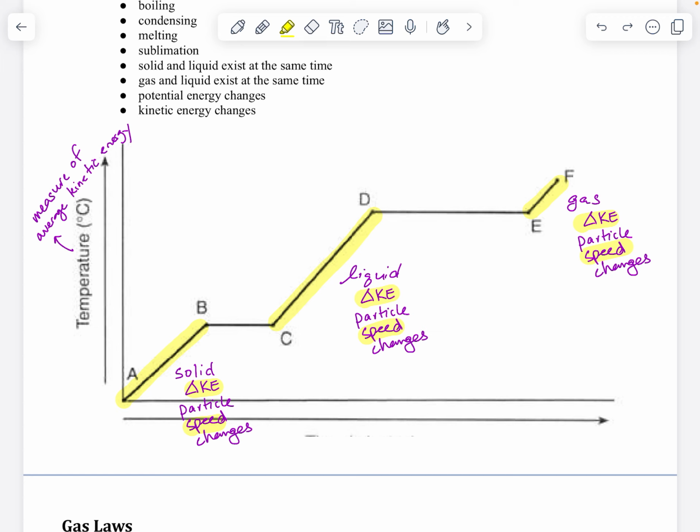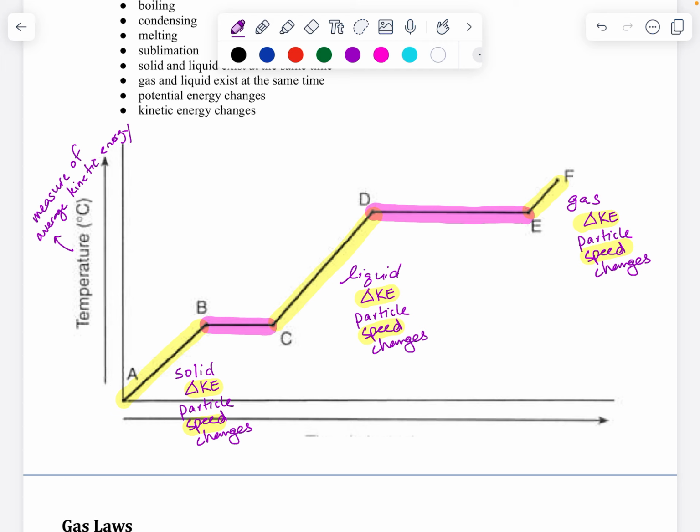Well, we also notice that there's these portions right here that are flat, where there is no temperature change, and therefore something else must be happening.